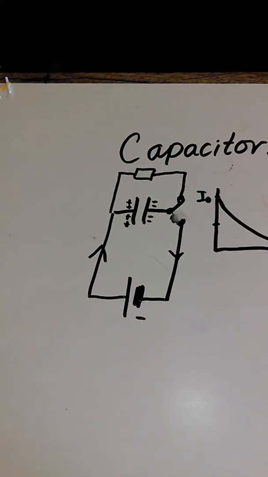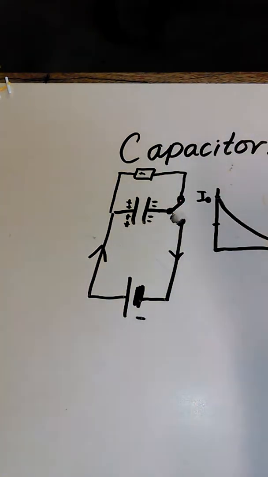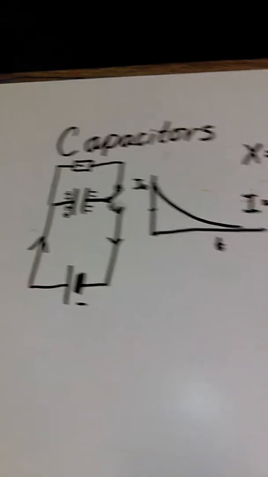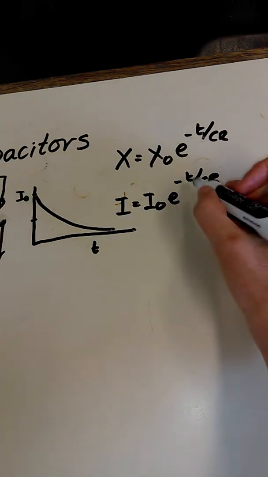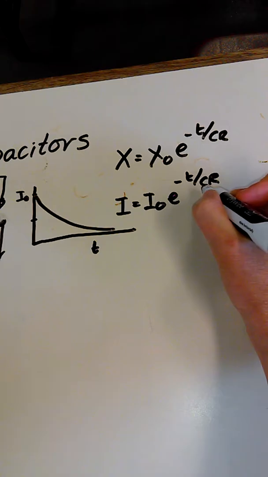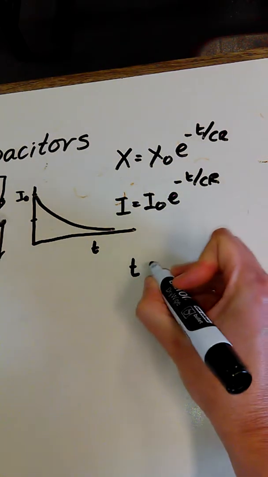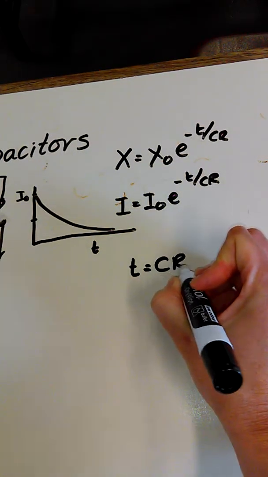Now, the rate at which it discharges does depend on the resistance of that resistor. And that's one of the ways that we can look at finding the capacitance of a capacitor, because we've got this equation here. Now, you're also given the equation T equals CR.